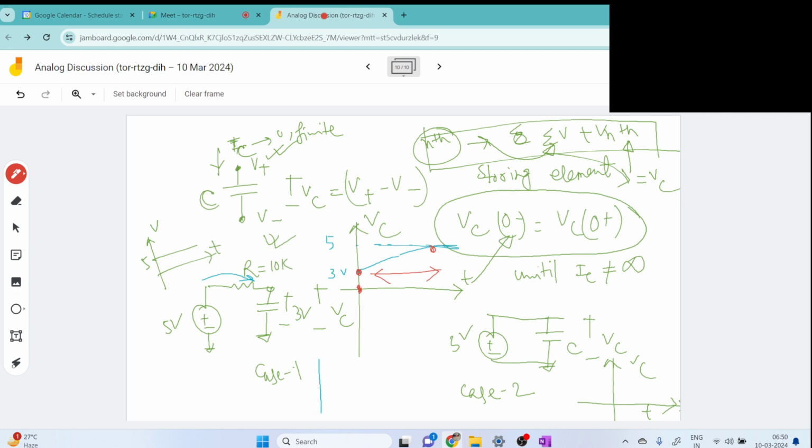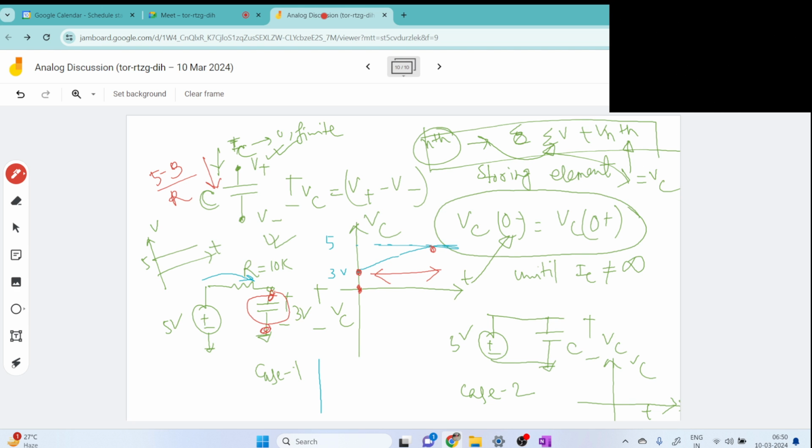Because there is a finite current. The initial current was (5 minus 3) by R. As time increases, the capacitor voltage increases, so the current keeps decreasing. At steady state this becomes an open circuit, so the current becomes zero.